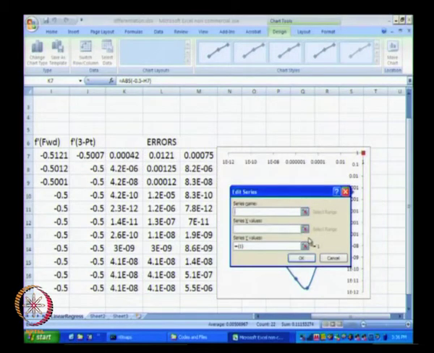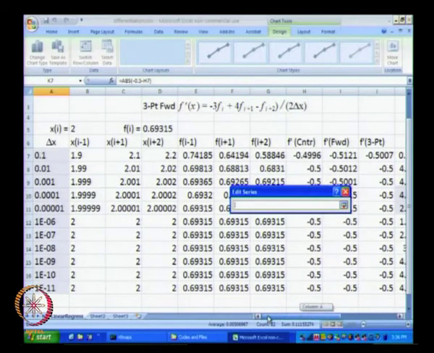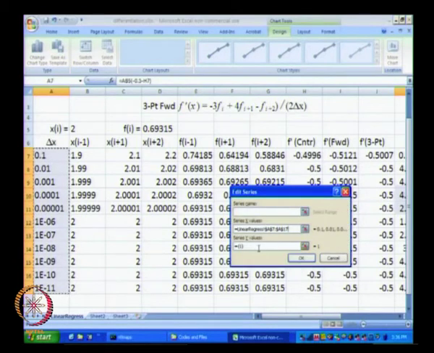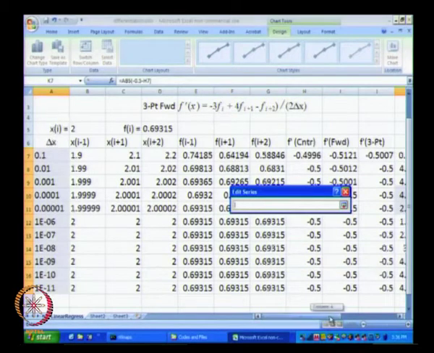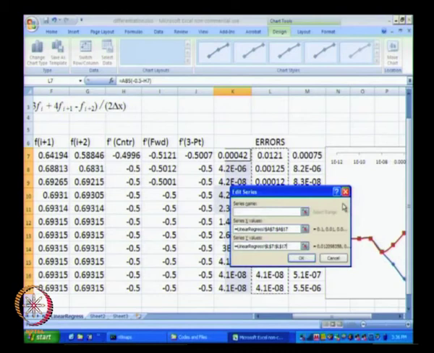The x values remain the same, and the y values we will choose them over here. Okay.